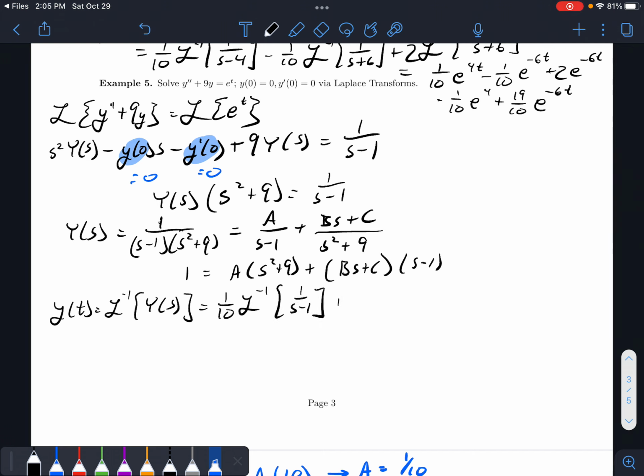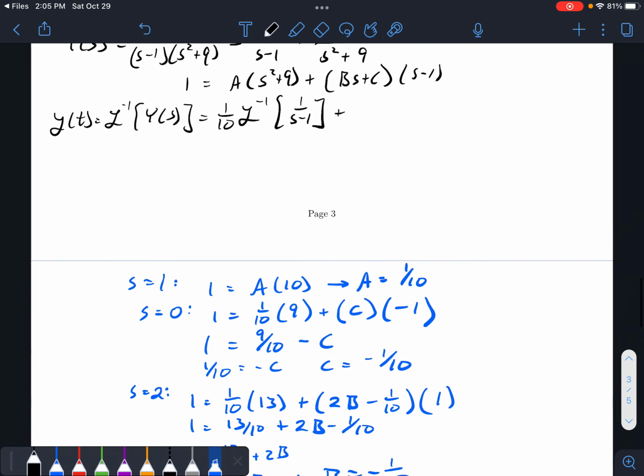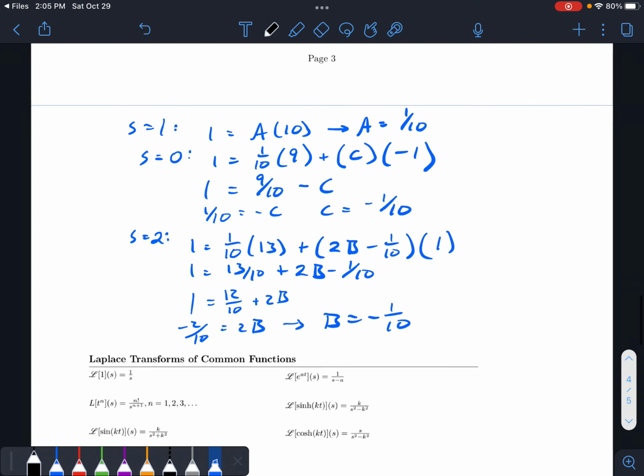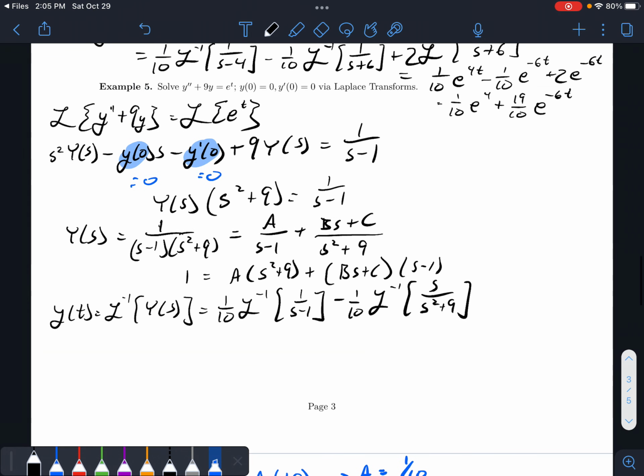So 1/10 times 1 over s minus 1 plus b is negative a tenth times the inverse Laplace of s over s squared plus 9, and then plus c. C was also negative a tenth. It's inverse Laplace of 1 over s squared plus 9.